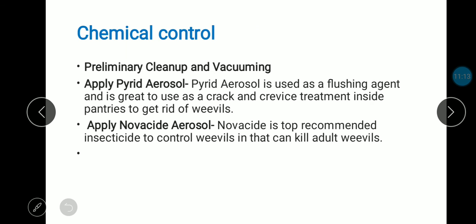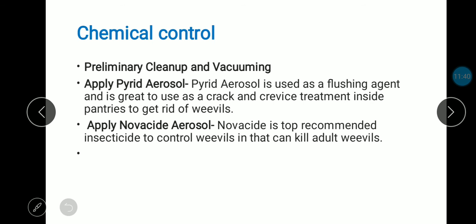Chemical control: preliminary cleanup and vacuuming, then apply pyrid aerosol. Pyrid aerosol is used as a flushing agent and is great to use as a crack and crevice treatment inside the pantries to get rid of weevils.